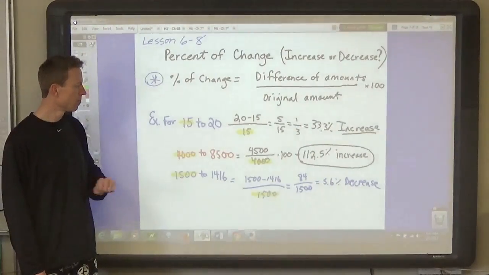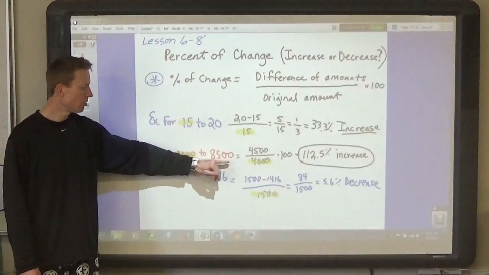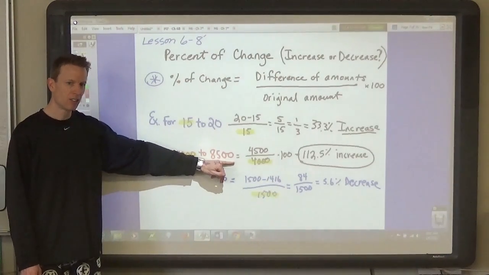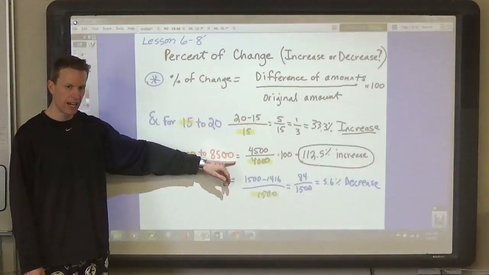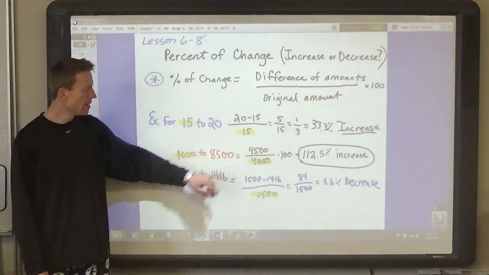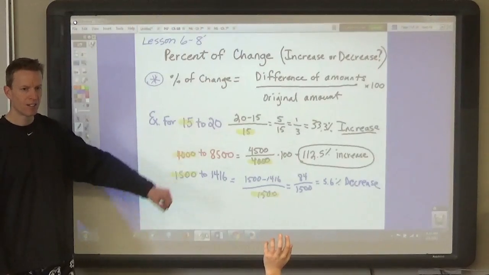Okay? In this example, 4,000 increased to 8,500. So we have to find the difference of those two amounts. How do you find the difference?